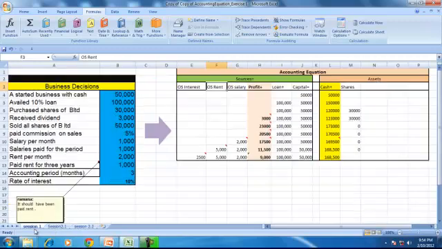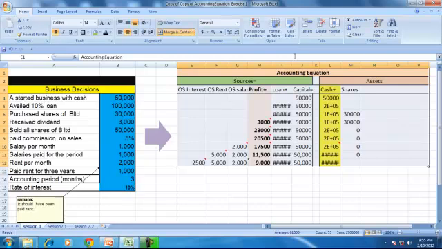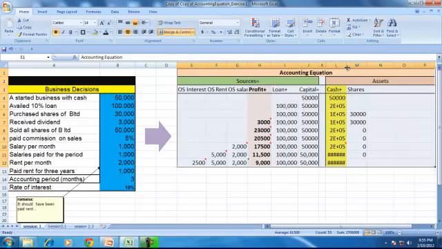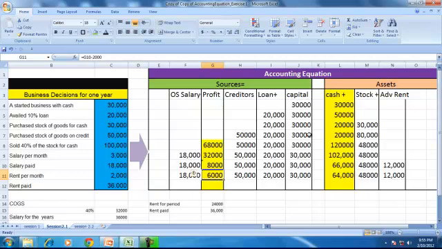To recap, it is possible to convert the financial decisions into the accounting equation, which we have done in the first example. We also did the same thing by taking another set of transactions and converting them into the accounting equation. But the accounting equation has a limitation that it cannot exactly tell why the profit is changing, why cash is changing.